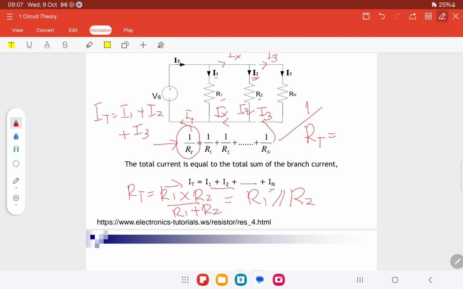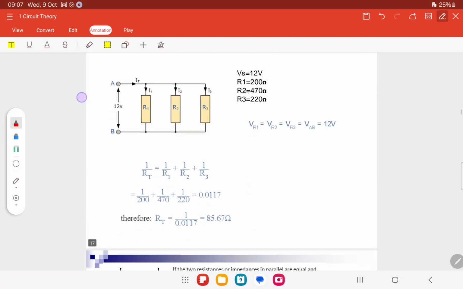Okay, tapi untuk ni kalau 2 je, if 3 then you can use this way. Tak boleh buat R1 plus darab R2 darab R3, lain jawapan dia. Okay, only if 2 parallel resistors. Alah, dah ada jawapan.